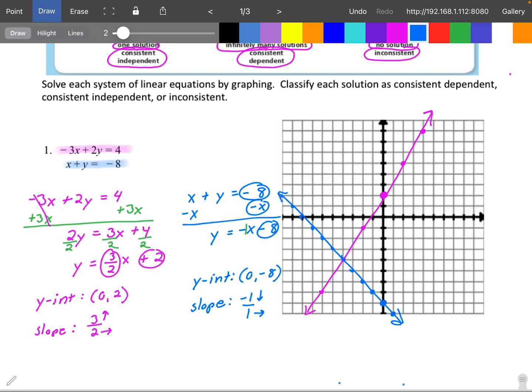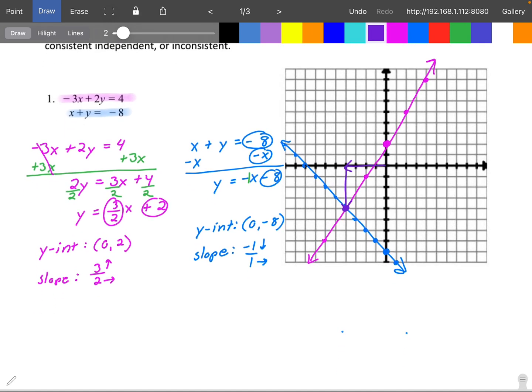Now your solution is where those lines intersect. So it intersects right here, and the coordinates for that would be 1, 2, 3, 4, so -4, and then down 1, 2, 3, 4, -4. So the coordinates for that point would be -4, -4, so that is your solution, -4, -4.